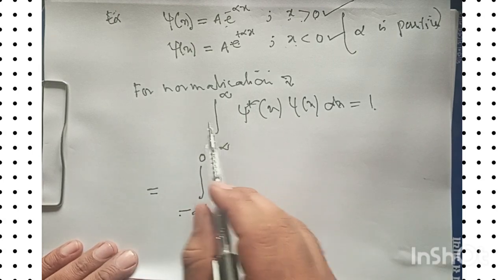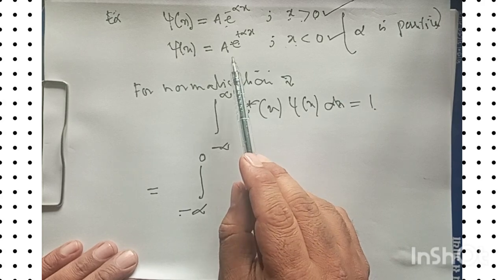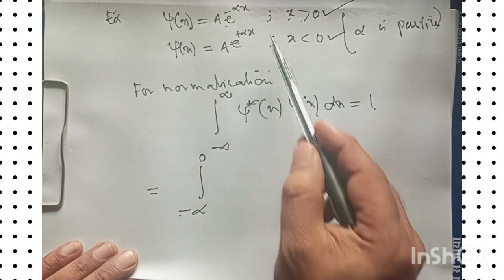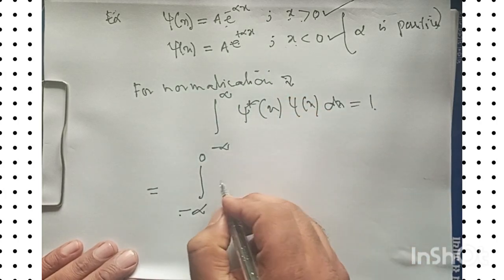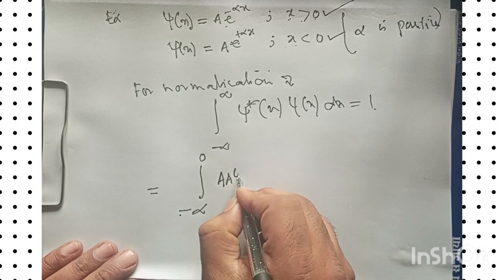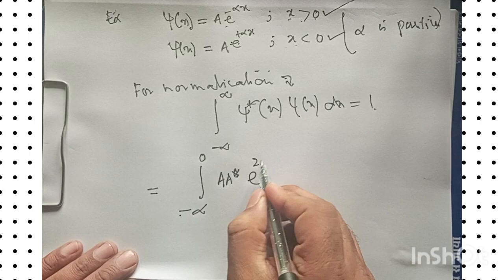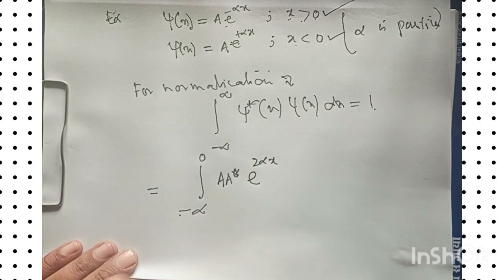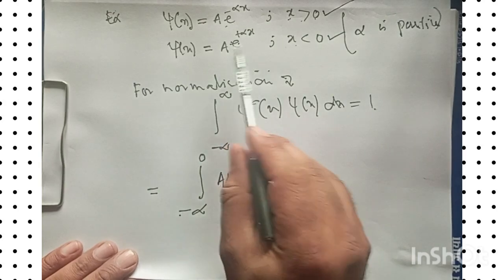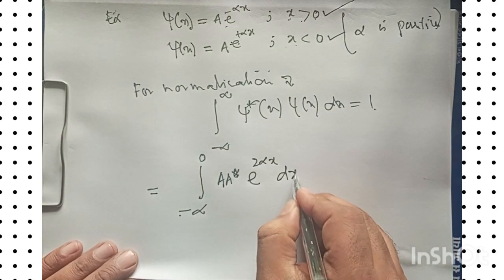I have an integral from minus infinity to 0. When I multiply the two wave functions, psi of x and its complex conjugate, I will get a star and e to the power of 2 alpha x, because when we multiply them, the base is the same and their powers are added, and then dx here.